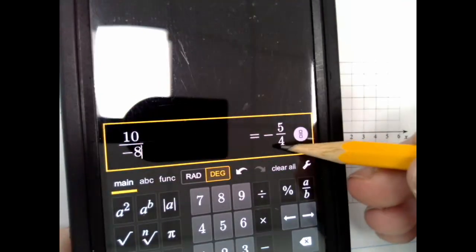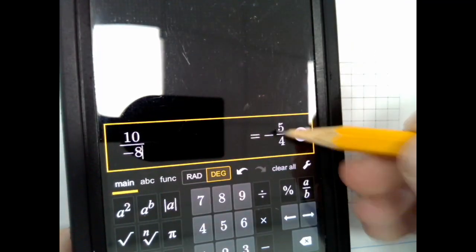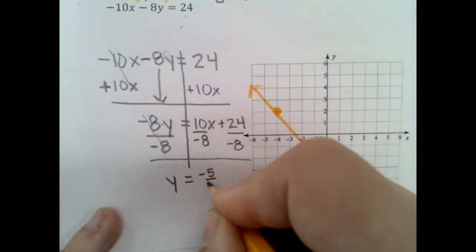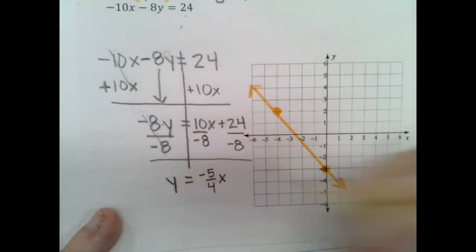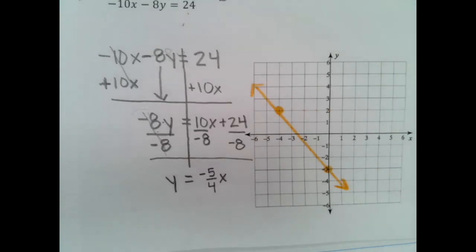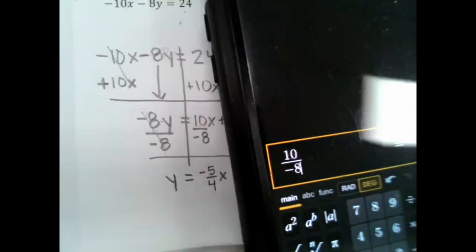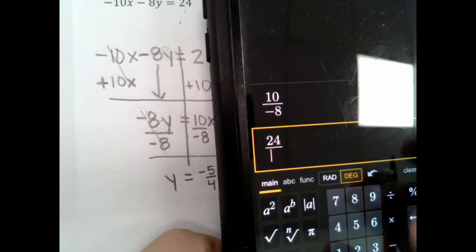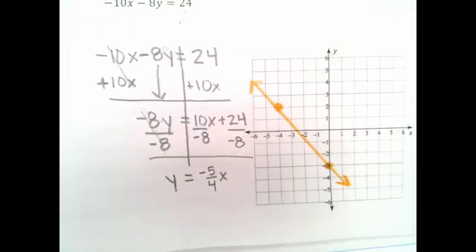Remember that negative sign either goes to the front or goes to the top. So negative 5 over 4, x goes to the side. All right, and then 24 divided by negative 8 is negative 3, so plus negative 3.